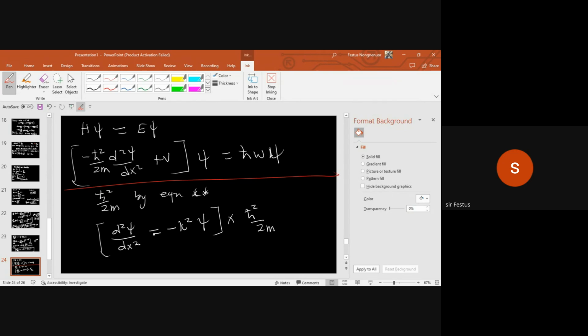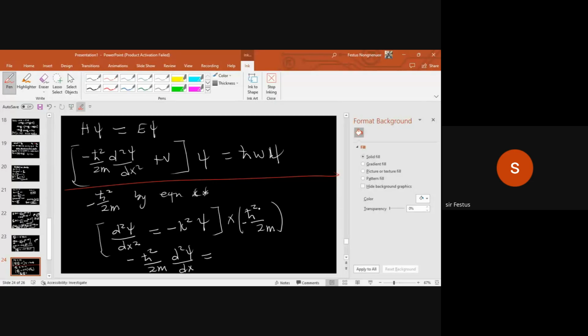So when we do that, we'll now have our expression to be this. So we have minus h squared. We are doing it with this minus this. So this will give us minus h squared over 2m, then the second derivative of psi over x squared to be equals to this.